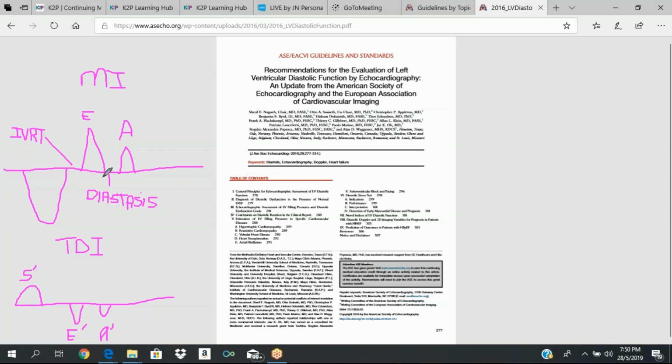There are other things that we look at when we talk about diastolic function and dysfunction. Again, in systole, the heart contracts, pumps. In diastole, the heart's supposed to relax and accommodate blood.